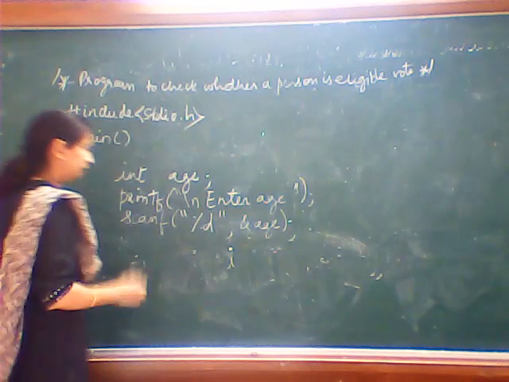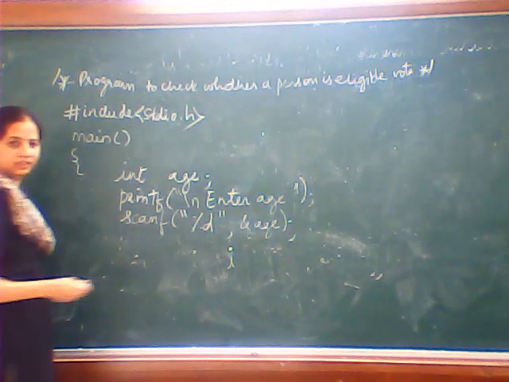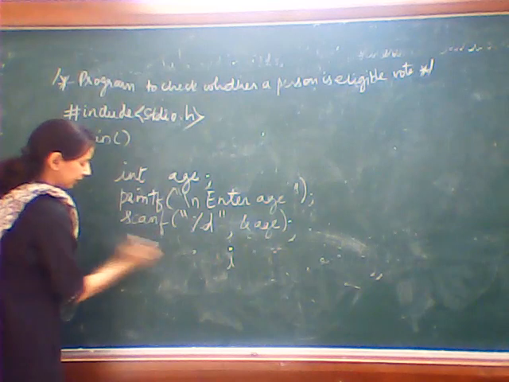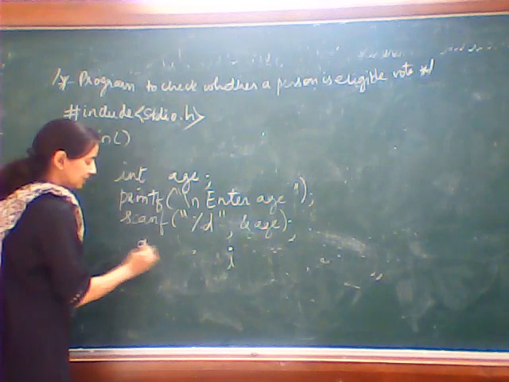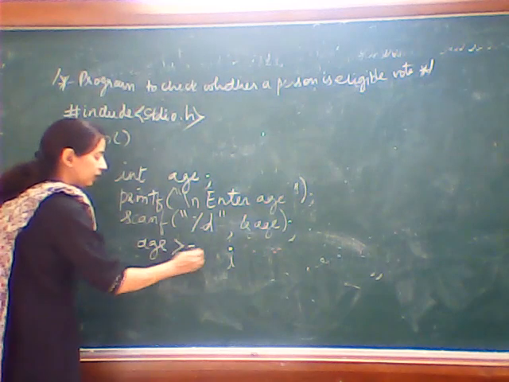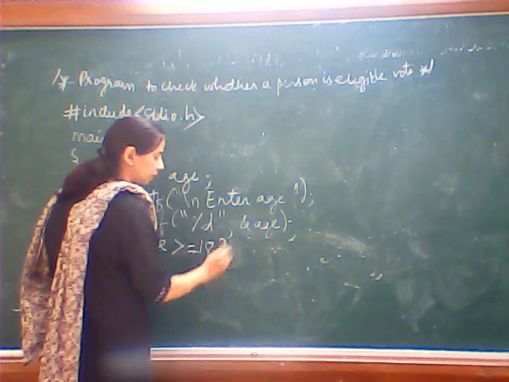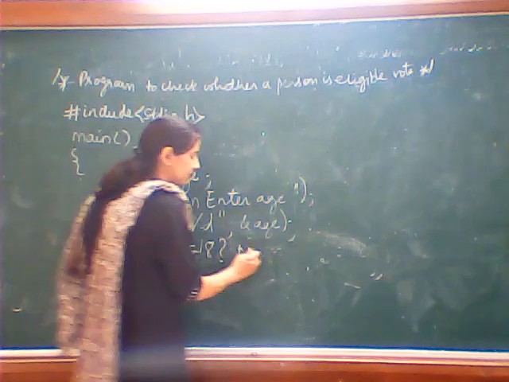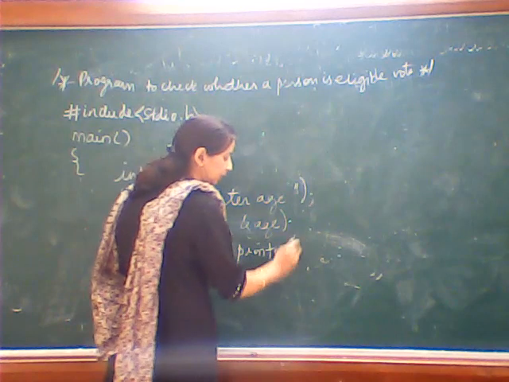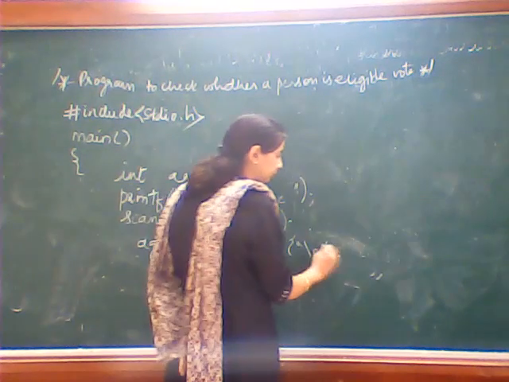Now we check if the age of the person is greater than or equal to 18, so we make use of the relational operator. We say age >= 18. If yes, we put a question mark. What output will display? We say printf eligible to vote.